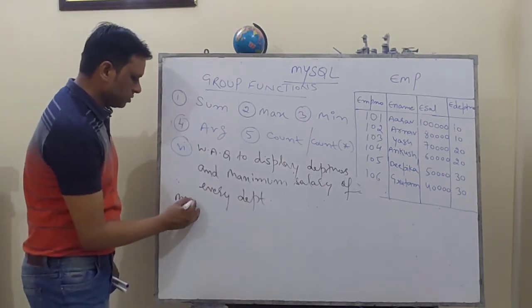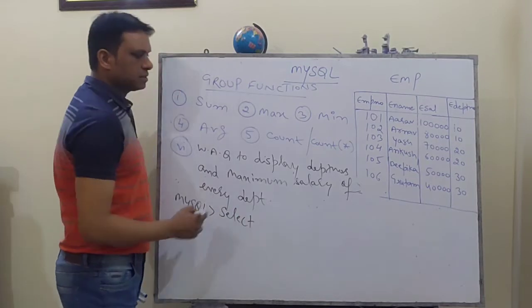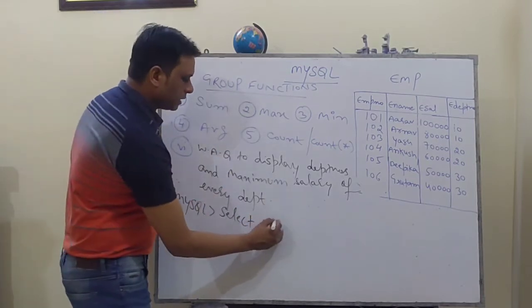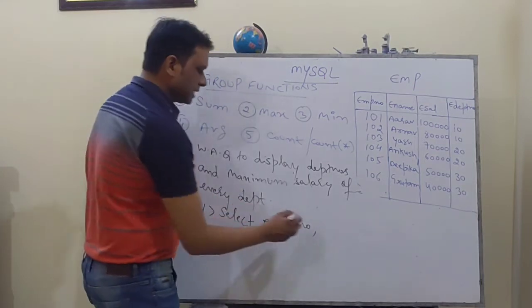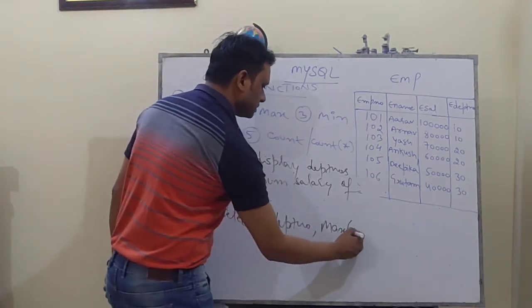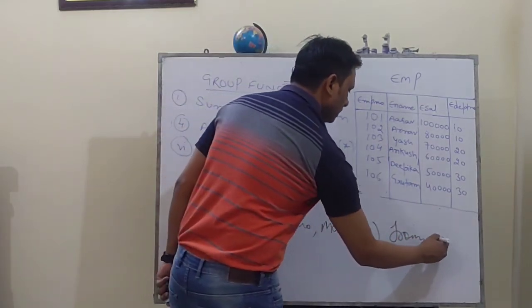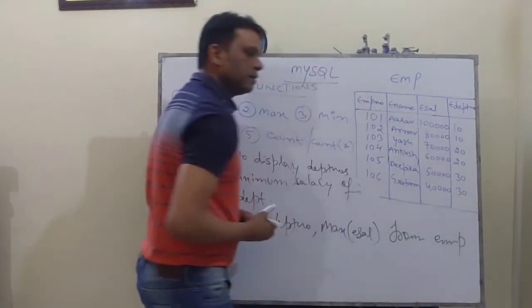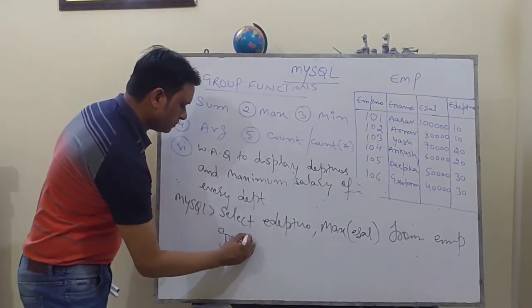So what to do in this query? In MySQL, select first of all department number. So write department number. Then maximum salary, so write max E salary from EMP. Then group by.